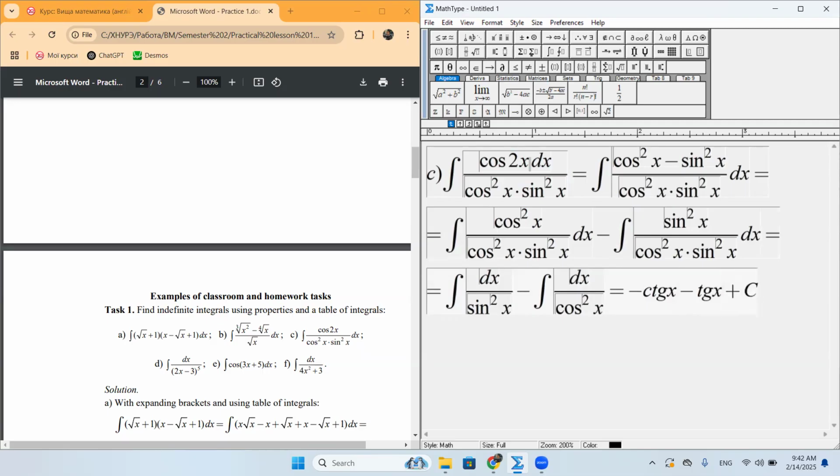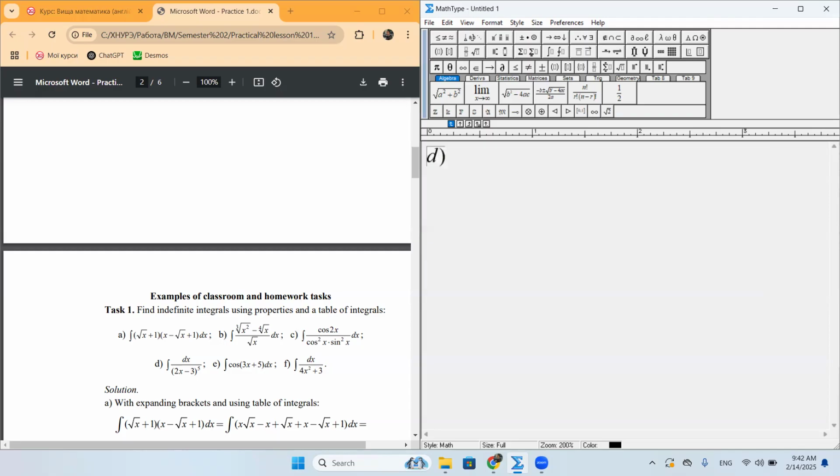So this is the final answer. So any questions about this task? So firstly, no questions. Yeah, so firstly it looked a bit complicated, but not really. Okay, moving next.